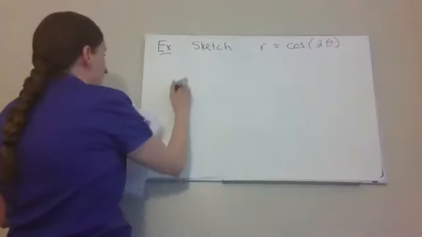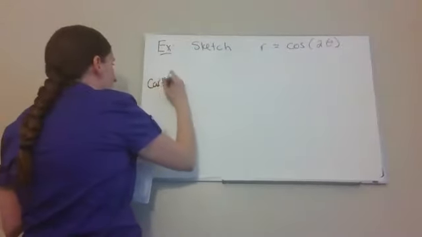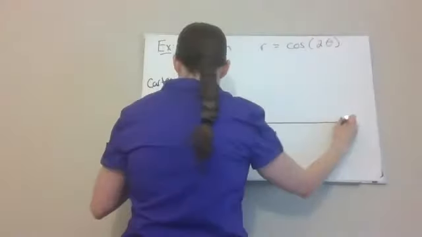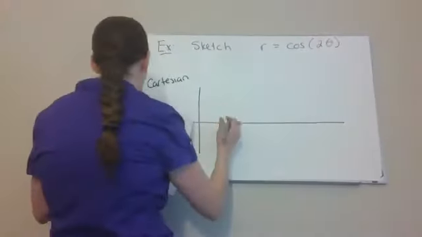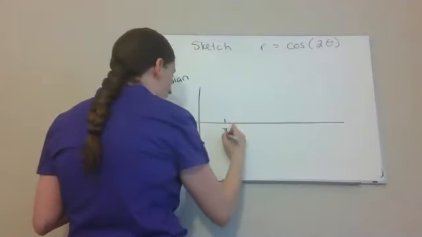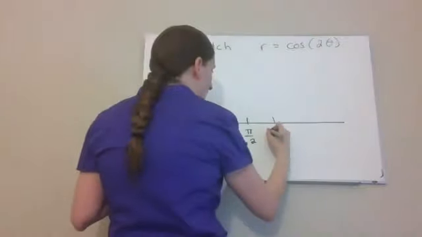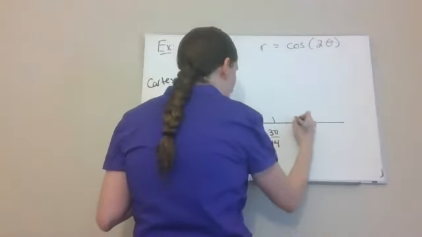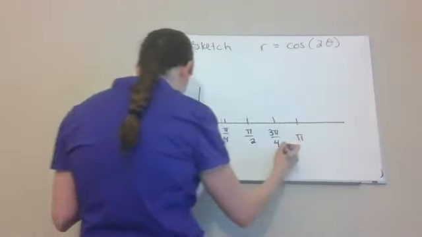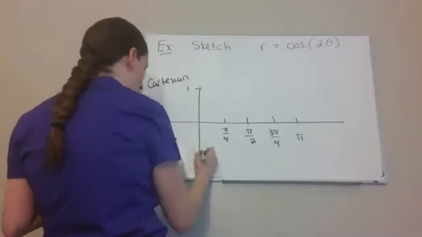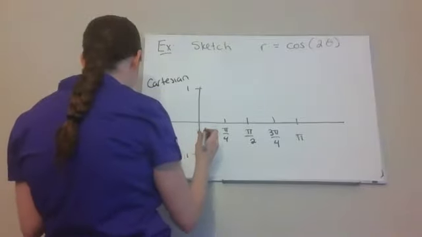So first, the Cartesian version. Here's pi over 4, pi over 2, 3 pi over 4, pi, and it just keeps going on from there. Here's 1, here's -1.